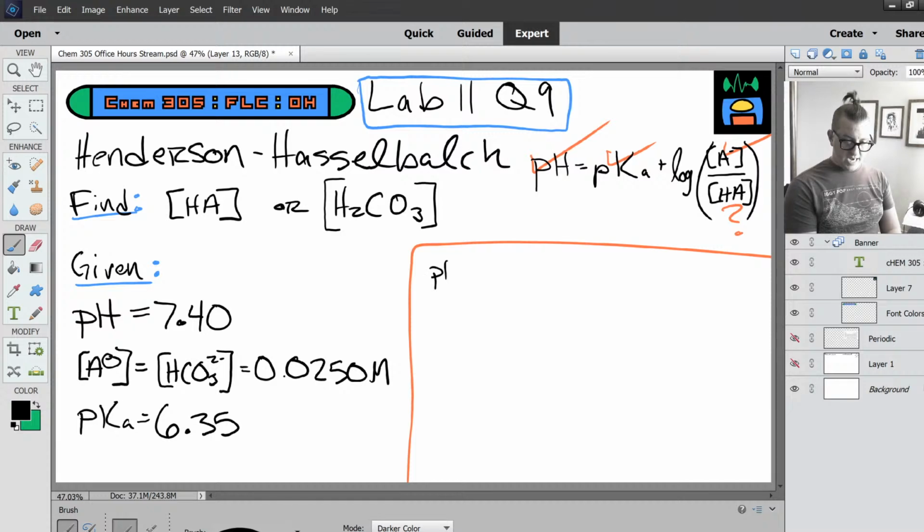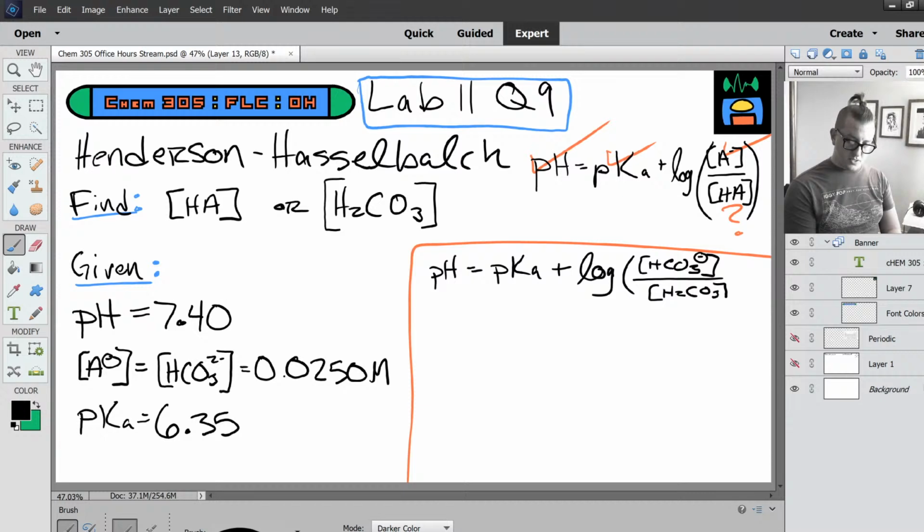We've got pH equal to pKa plus the logarithm of bicarbonate over the concentration of carbonic acid, which is what we want to solve for.